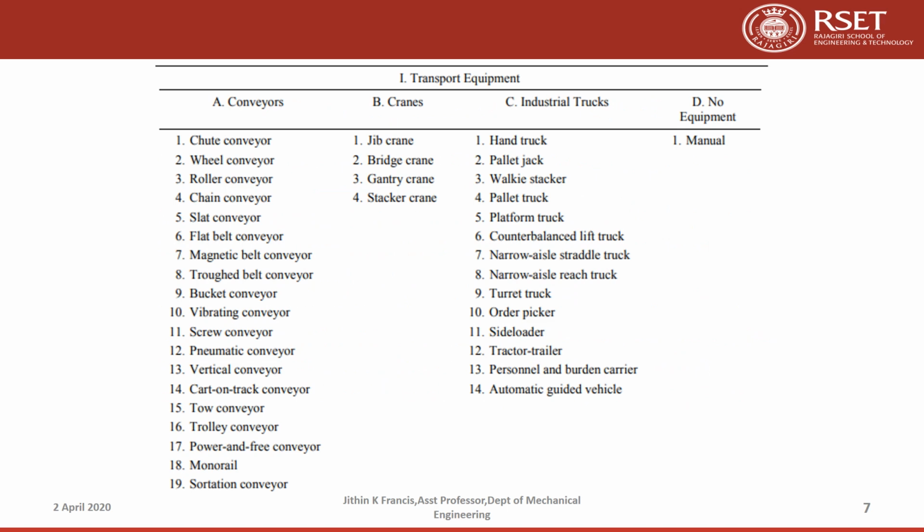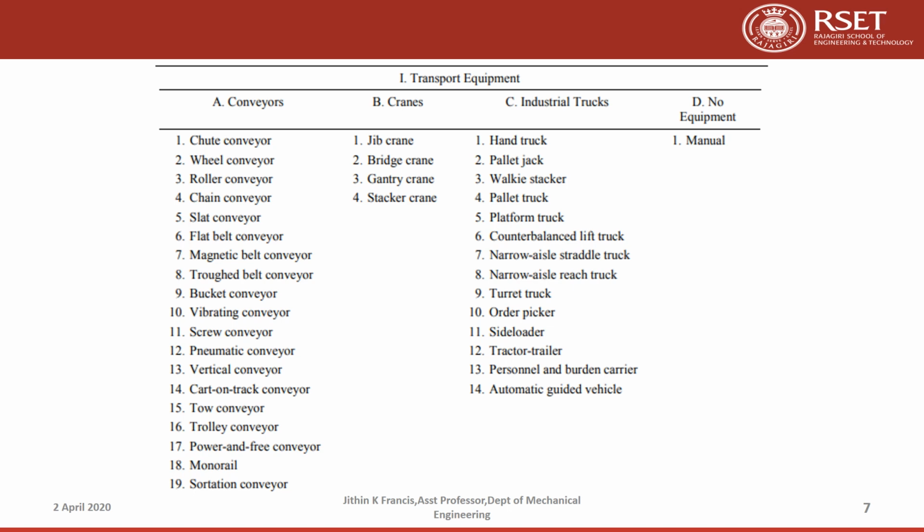Under material handling equipment types, under the transport equipments, we mainly have conveyors, cranes and industrial trucks. Under conveyors, we have different types of conveyors, namely chute conveyors, wheel conveyor, roller conveyor, chain conveyor, slat conveyor, flat belt conveyor, magnetic belt conveyor, tuft belt conveyor, bucket conveyor, vibrating conveyor, screw conveyor, pneumatic conveyor, vertical conveyor, cart-on track conveyor, torque conveyor, trolley conveyor, power and free conveyor, monorails and sortation conveyors.